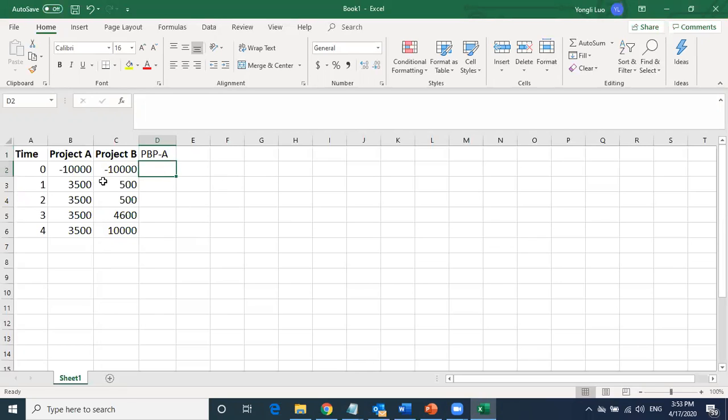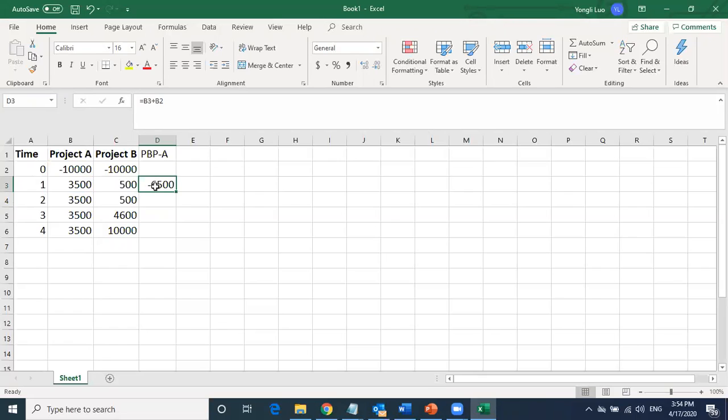You just take the revenue from your initial investment. The first year you got 3,500, but your initial investment is 10,000. That's the money you still need to get back.